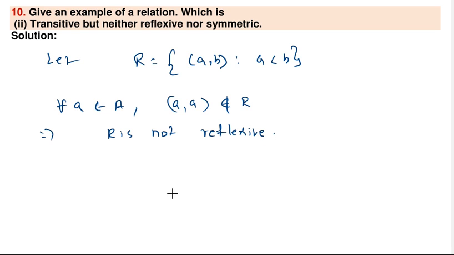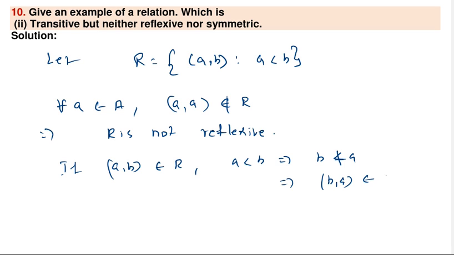Okay, and which is transitive, not reflexive, and not symmetric also. And if (a,b) belongs to R, a is less than b, then b is not less than a. This implies (b,a) cannot be an element of R, and this implies we can say R is not symmetric.